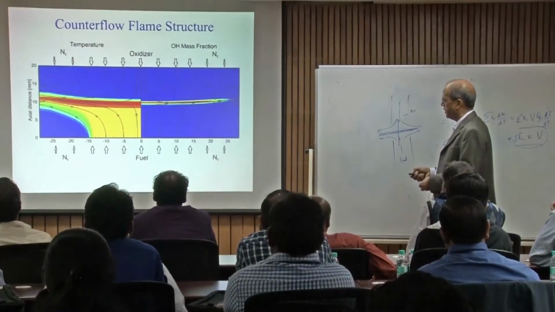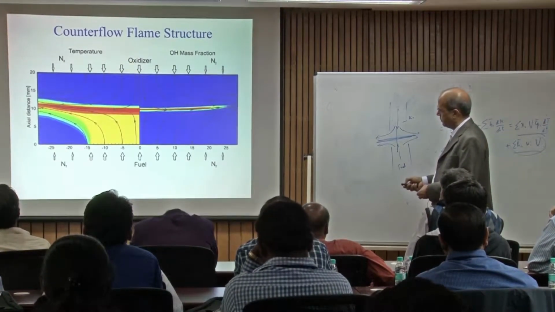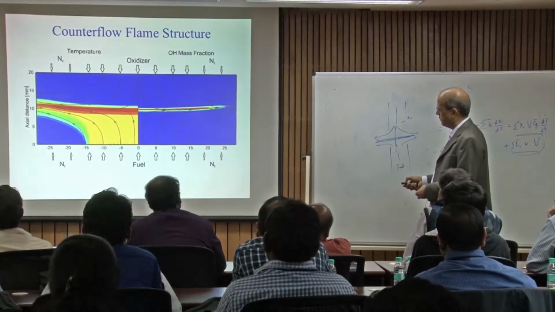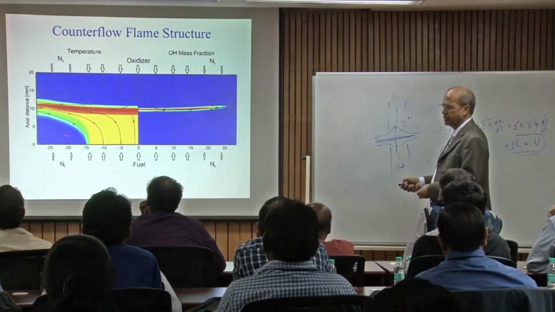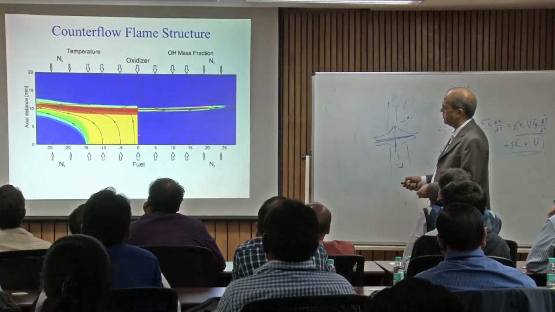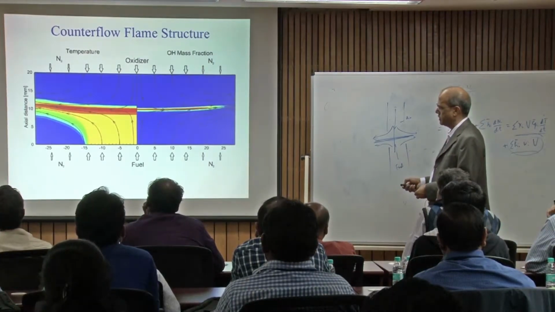So what is shown here is the axis of symmetry. Then from minus 15 to 15, that is the fuel jet. The units are millimeters. And the fuel is propane. Oh, sorry, the fuel is pre-vaporized heptane.